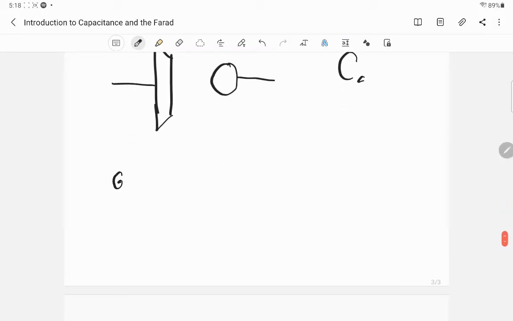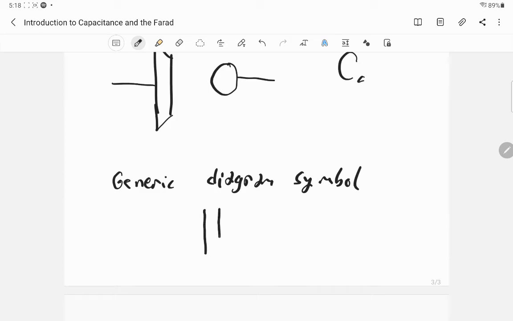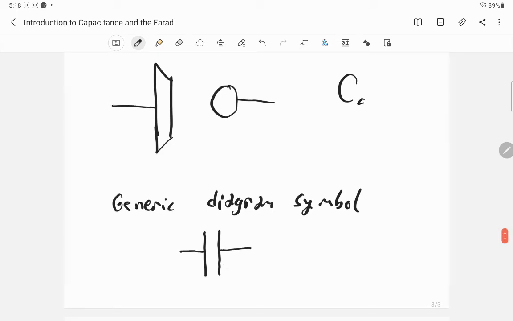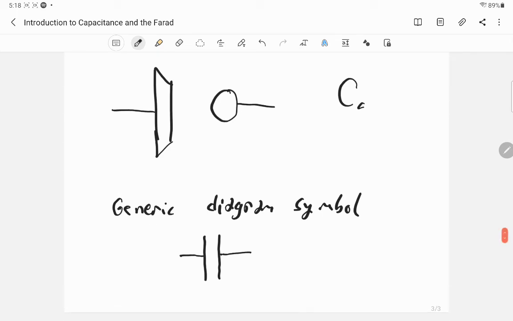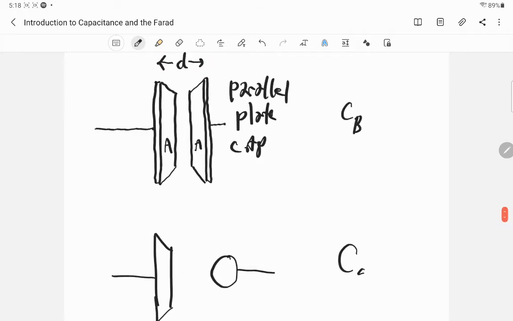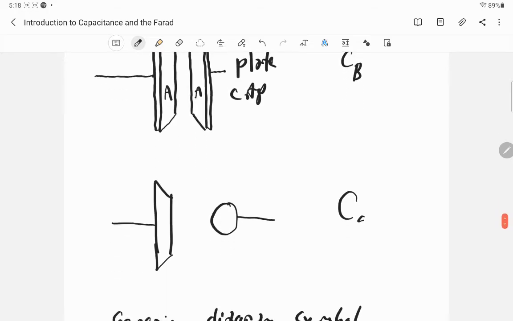And there is a generic diagram symbol for capacitors, and it's simply you just take 2 lines that are about the same length, and then you put 2 other lines. And it's meant to look like, right, this is the generic circuit symbol, diagram symbol. It sort of looks like the parallel plate capacitor.